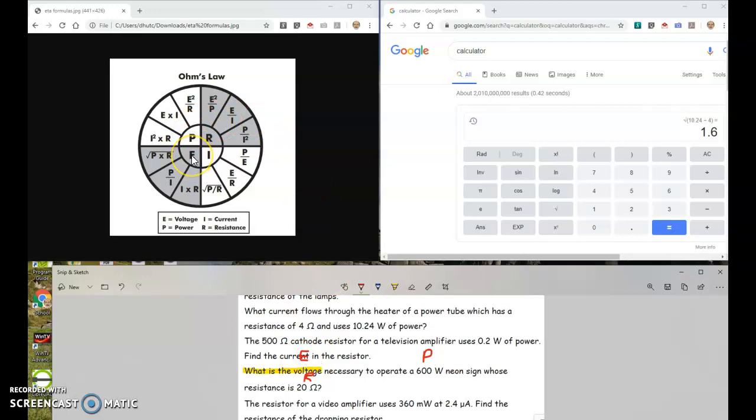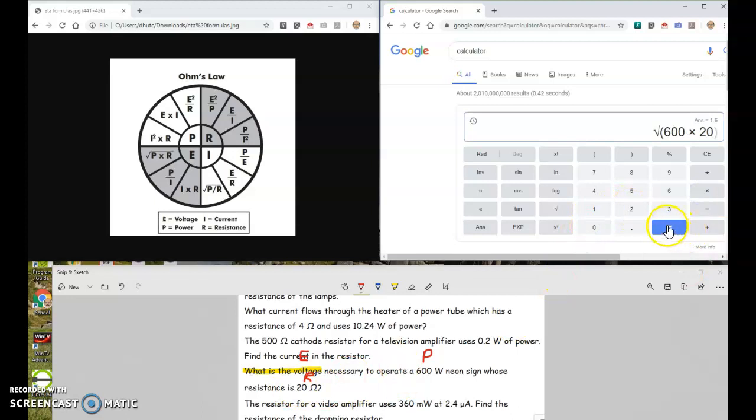Go to your wheel, here's E, and we're looking at the square root of P times R. Again, this has got to be in parentheses here, P times R. You've got to do that before you take the square root. Fortunately, the calculator takes care of that for you, at least the Google calculator will. You do the square root, and we're going to do P times R. So that is 600 times 20.